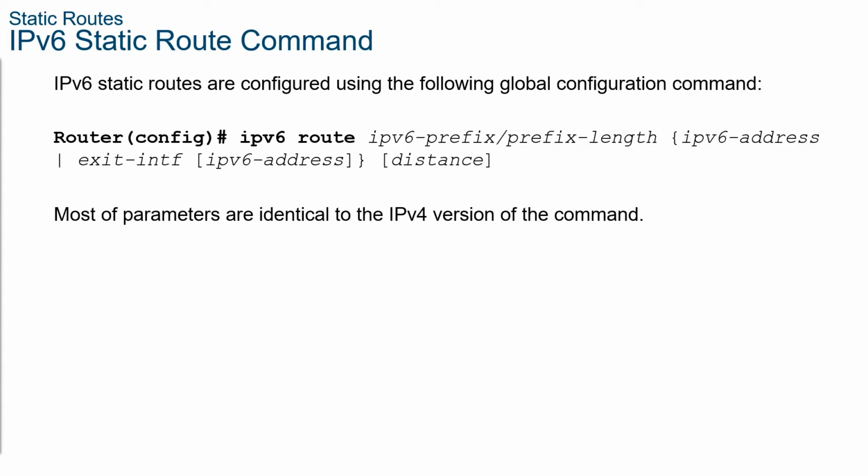Take note that the ipv6 unicast-routing global configuration command must be configured to enable the router to forward IPv6 packets. Most of the parameters are identical with those of IPv4. It's just that you have to include v6 in the ipv6 route command versus that of IPv4, which is simply the ip route command.